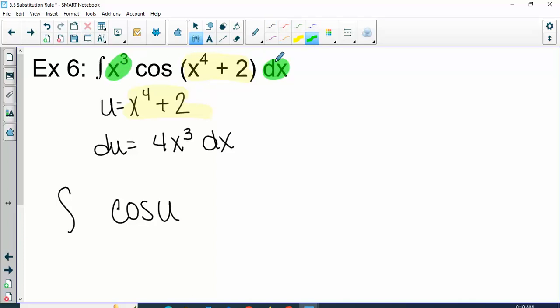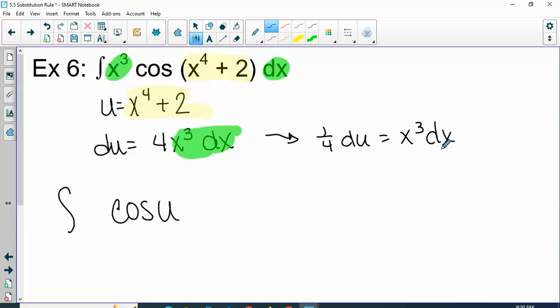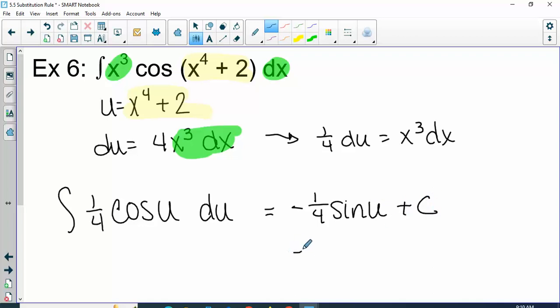X cubed dx is all I need, so I don't need my 4, so we have to divide that over. So the x cubed dx gets replaced with a 1/4 du. Antiderivative of cosine. And replace our u.